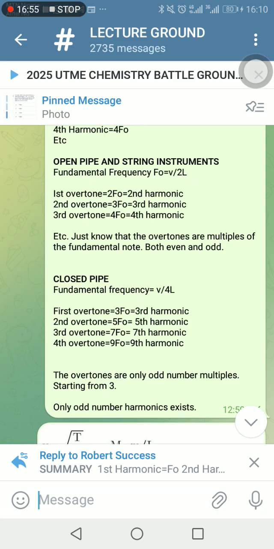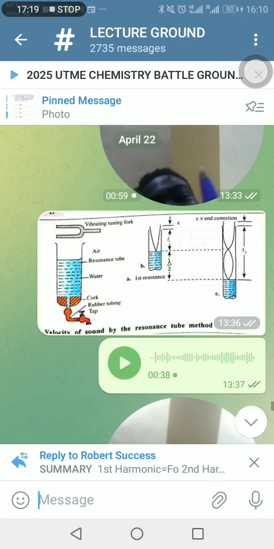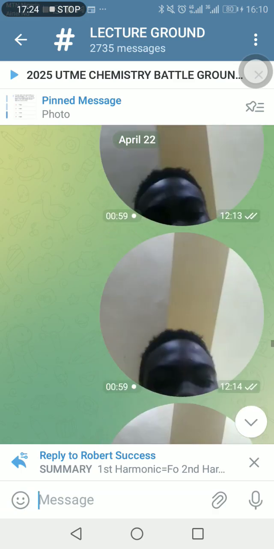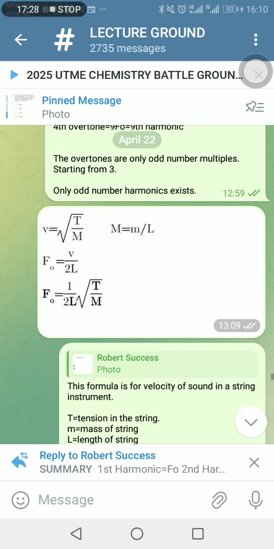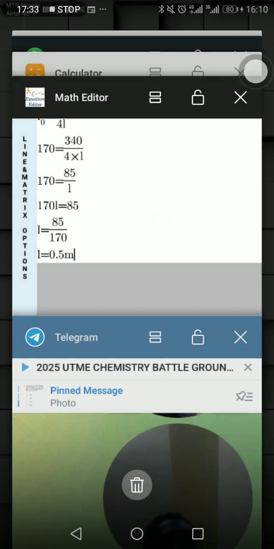And remember, we derived all these things from the wavelength. We first got the wavelength before we got all these frequencies. I don't know if I can open the particular video I used to explain these things, but let me just give you the formula.